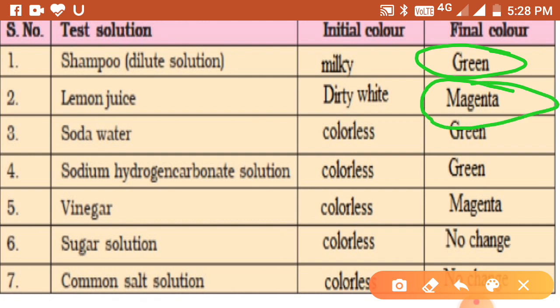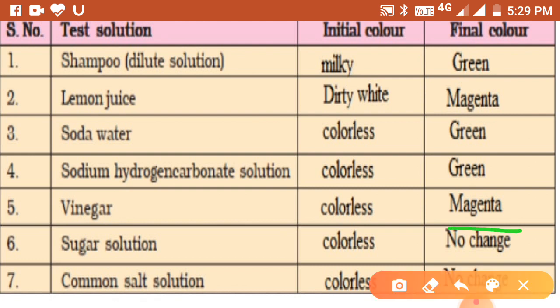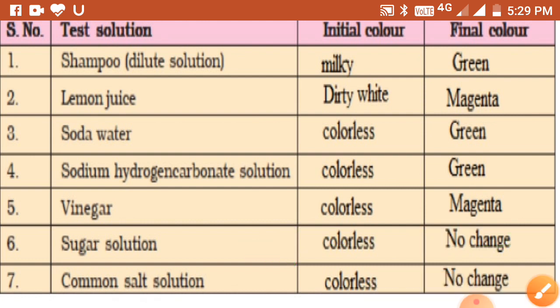Now you can see here there are two colors, green and magenta. Green means that the solution is basic, and the magenta color shows the solution is acidic, and if there is no change, that means these solutions are neutral.